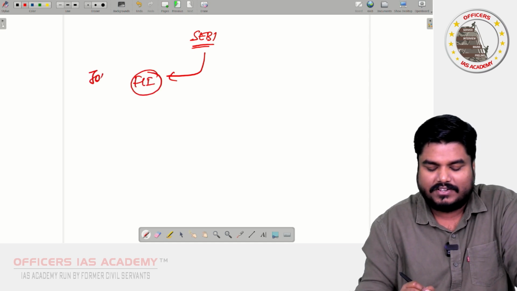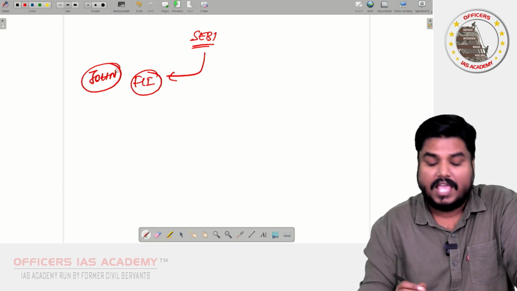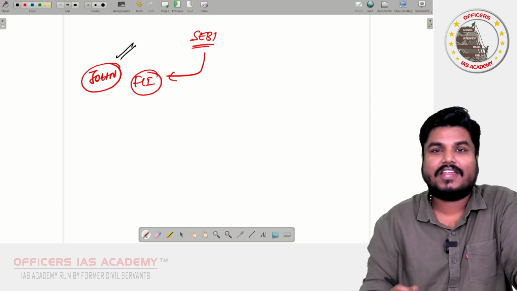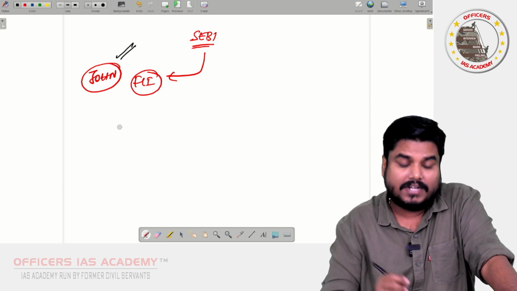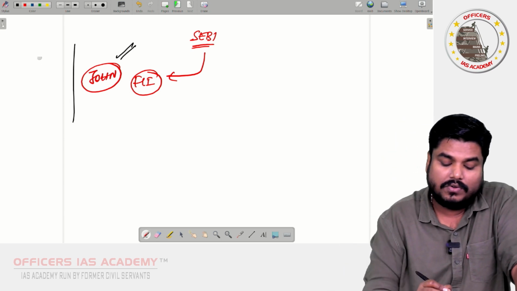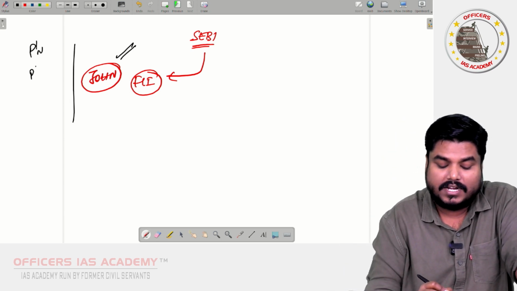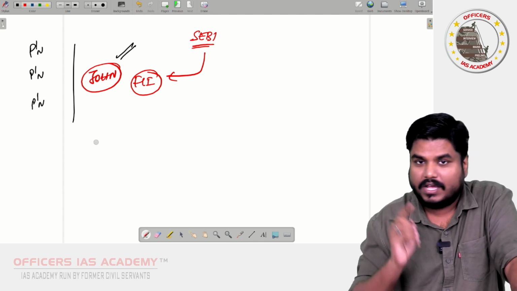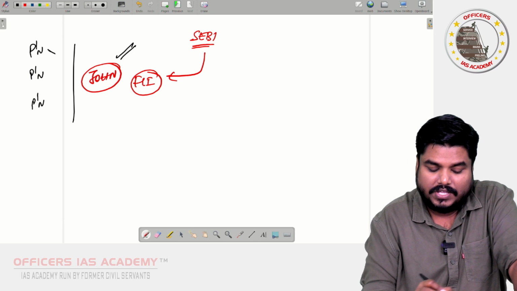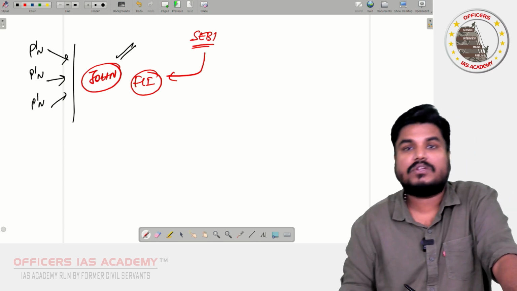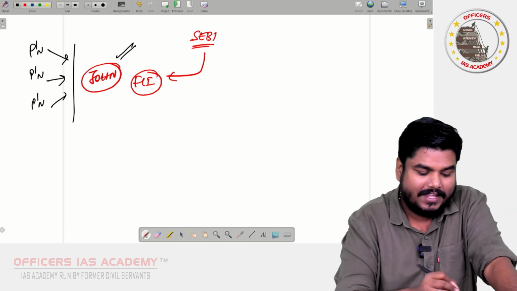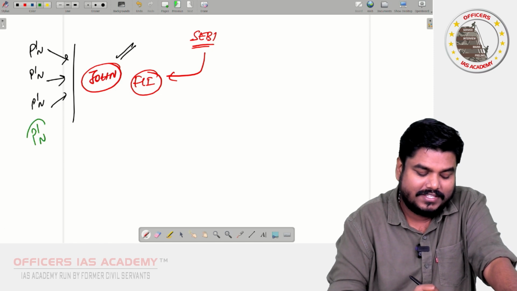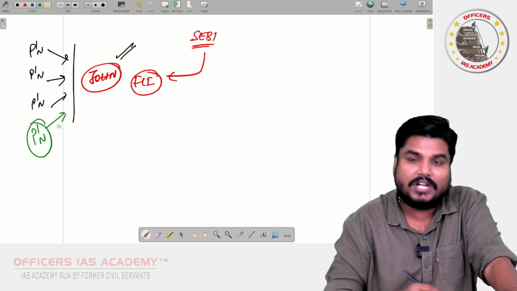In our case, it is John. SEBI said, John, I know your details. But I also want to know the P-note holder details as well. That is, John, you are not directly investing your money. You are getting the money from the participatory note holders, right? Guna also used the same method to give the money to John.